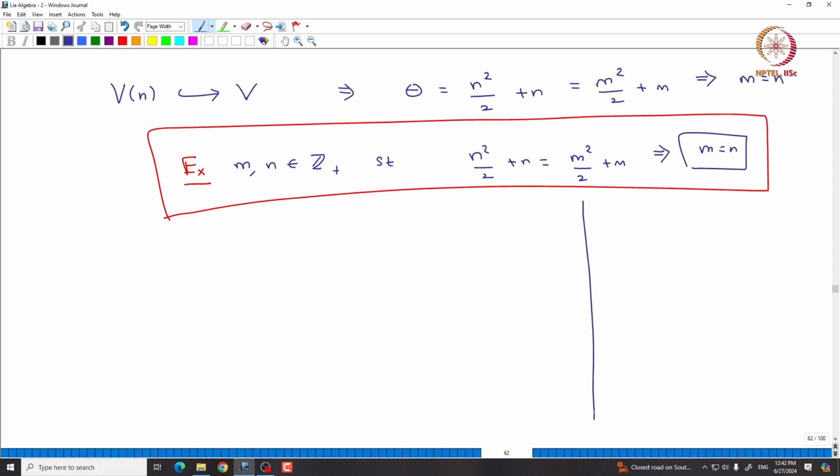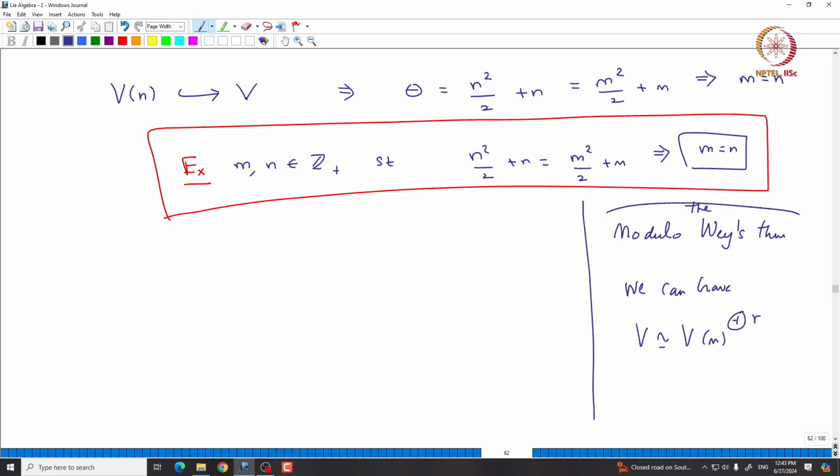So, modulo Weyl's theorem, we can only have V equal to V of m direct sum some copies. This is what we should ultimately prove, that V is isomorphic to a direct sum of V of m.